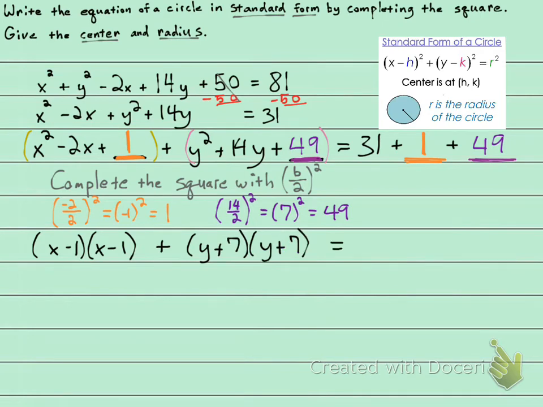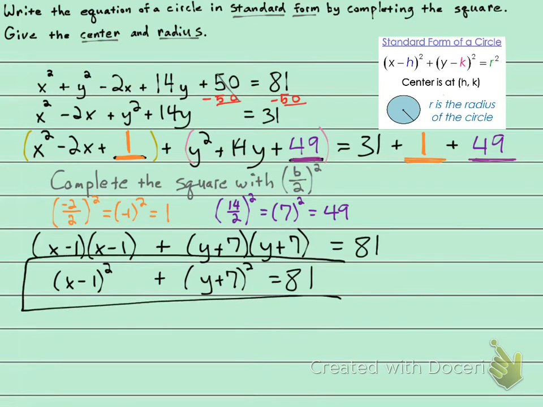The right-hand side, I could put these together. 31 plus 1 plus 49, that's 81. Now, I'm going to write this as (x minus 1) squared, because it's x minus 1 times x minus 1, anything times itself. And this is (y plus 7) squared equals 81. Now guess what? I now have this in standard form.